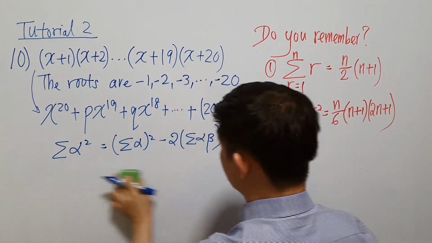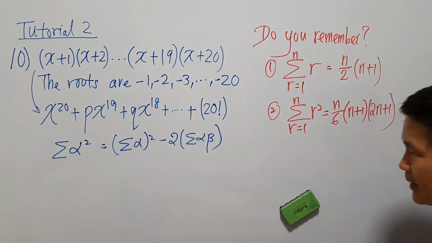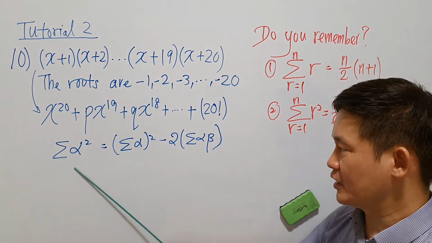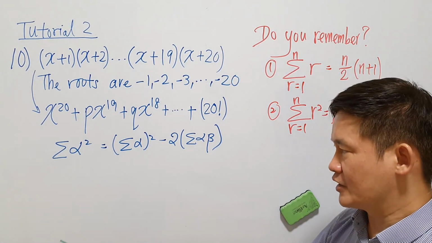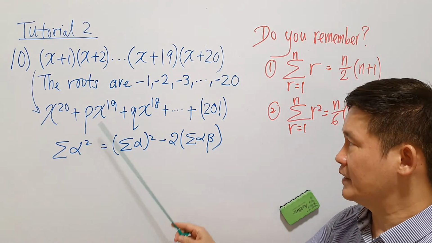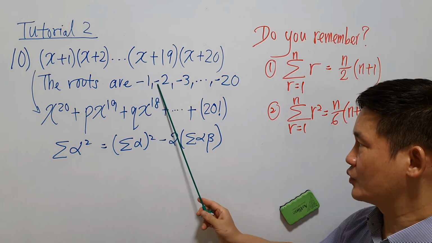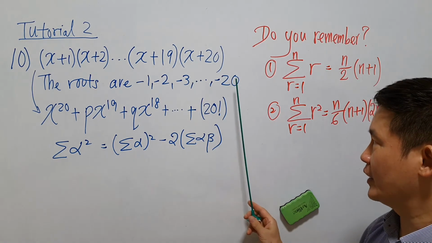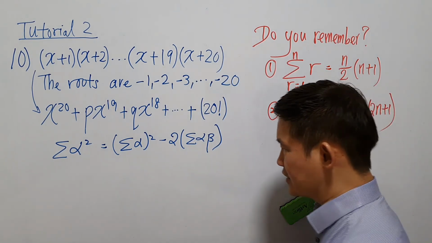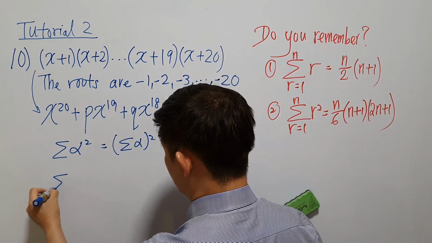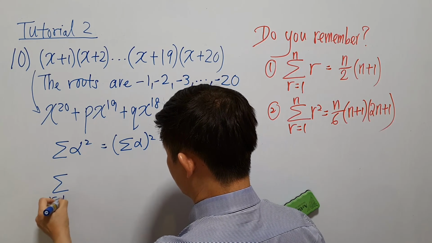maybe don't think for one first. If I ask you to find the summation of alpha square, which means summation of the square of the roots, which means square this plus square this plus square this all the way until here, you find that in summation notation or the sigma notation is actually like this.